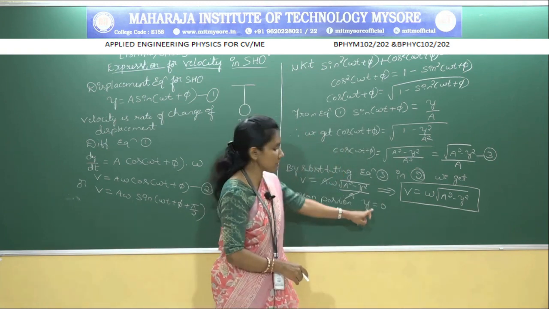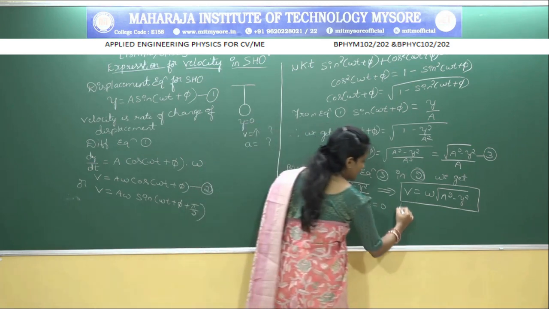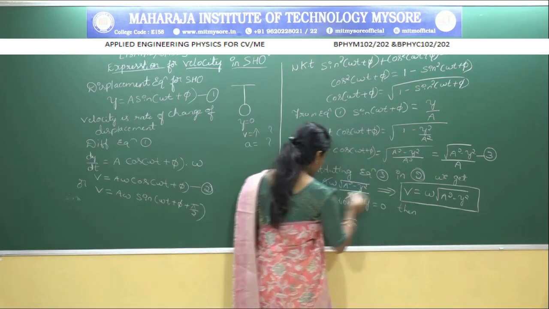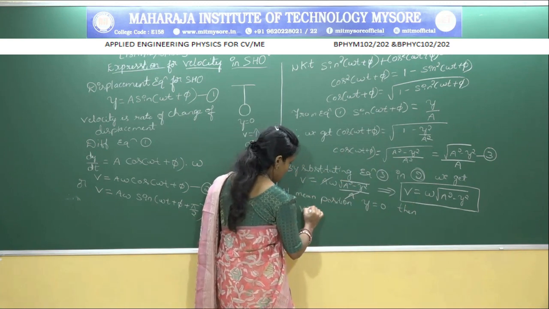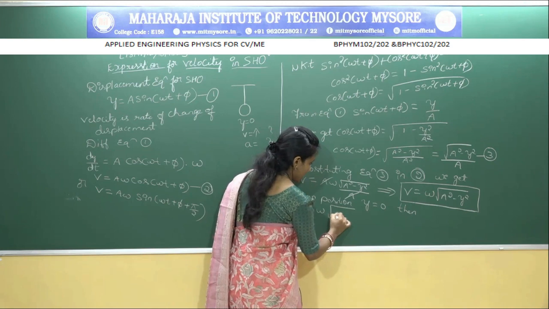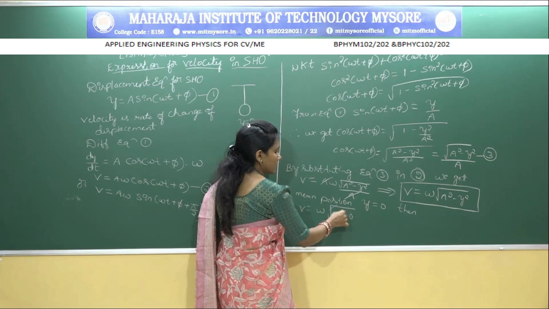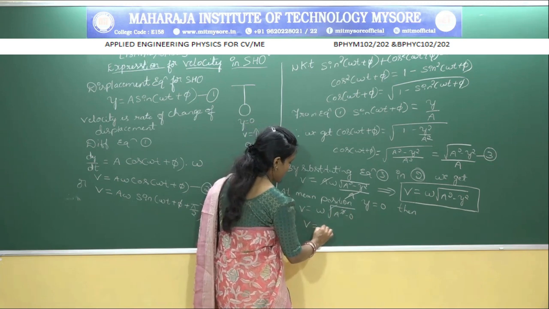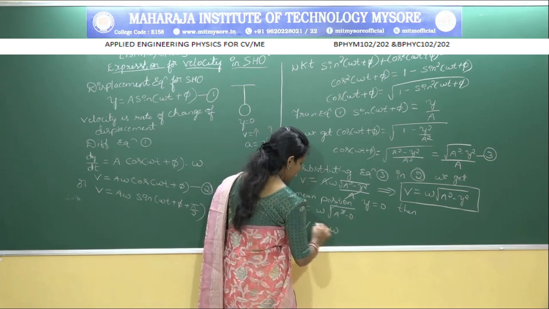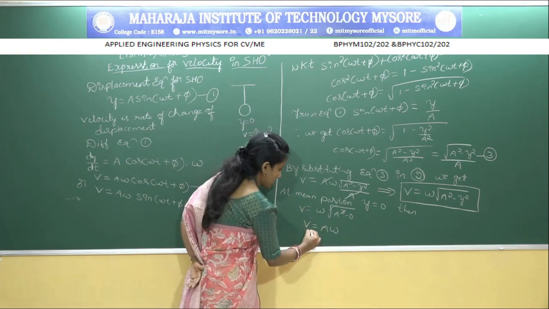Then the velocity will become v is equal to omega root of a square minus 0. So the root and square will get cancelled, and we get v is equal to a omega. So the velocity will be maximum.